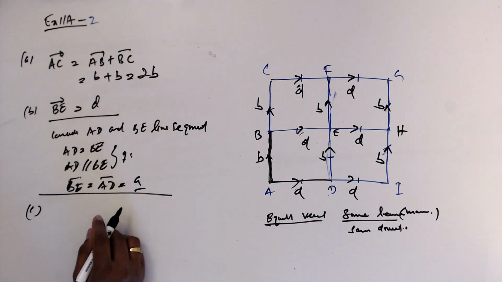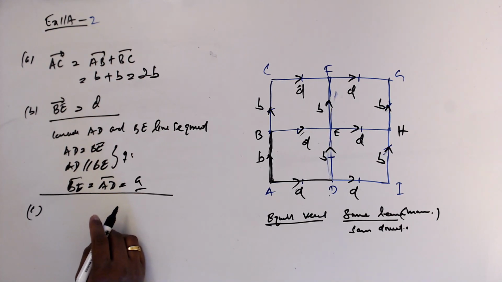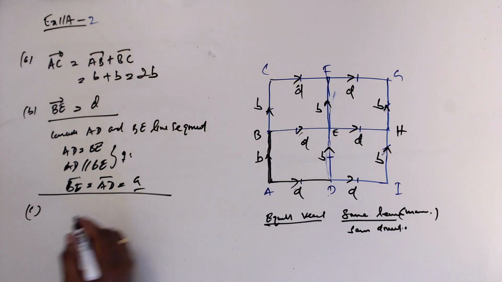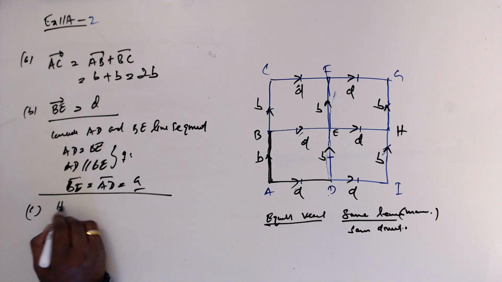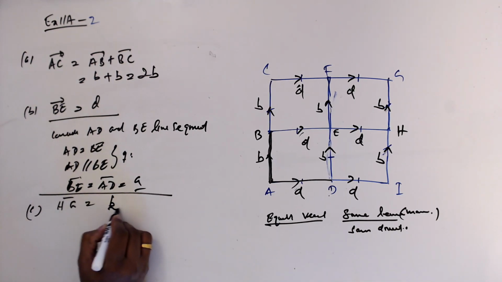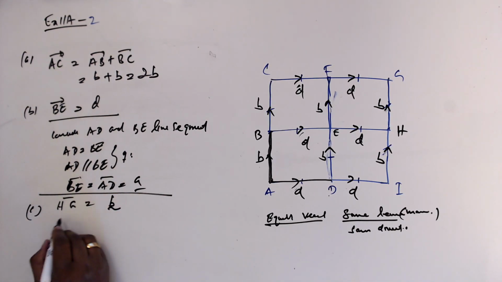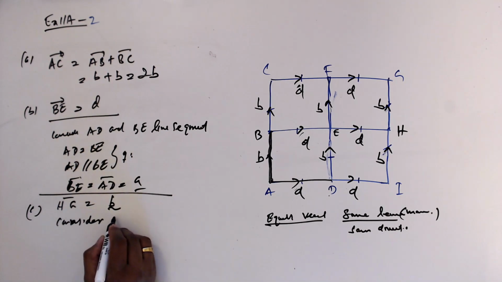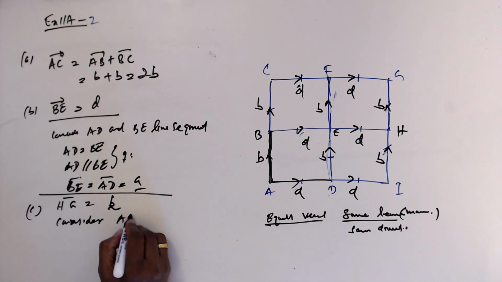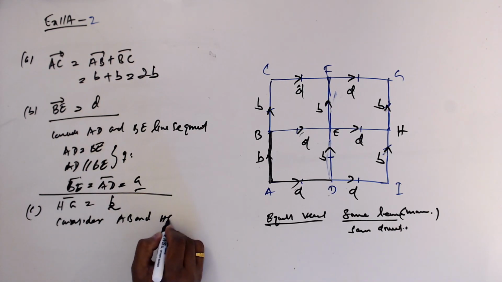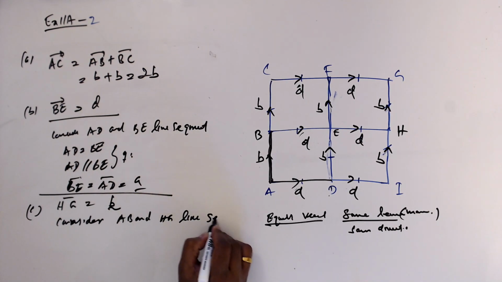Now see HG. HG is also B. If you want to write the reason, consider AB and HG line segments.